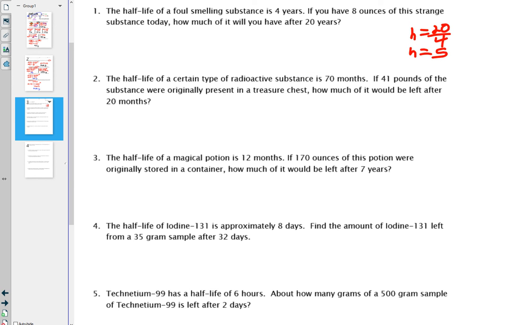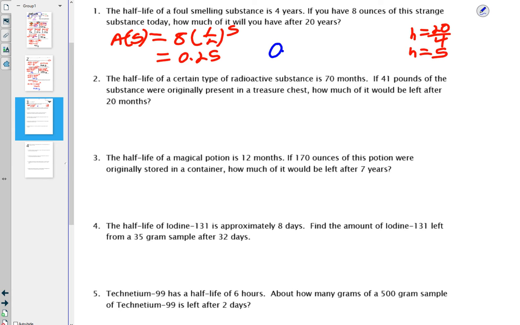All right. So we're going for 5 half-lives. So the amount after those 5 half-lives is equal to the initial amount, which is 8 ounces, times 1/2 to the 5th power. I know that's 32, and I know 8 over 32 is 0.25. You can't do it in your head, do it in your calculator.